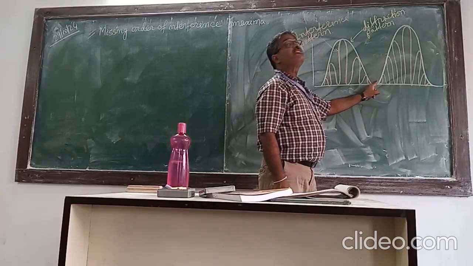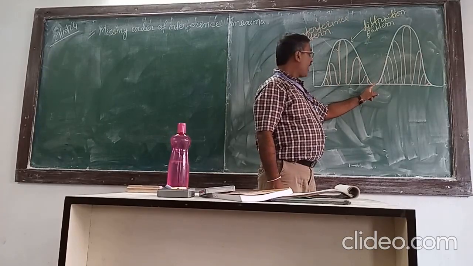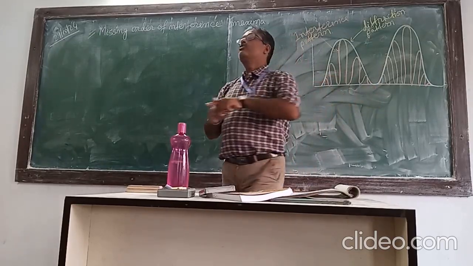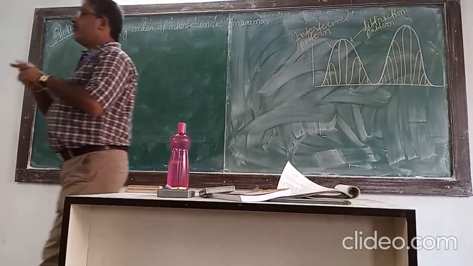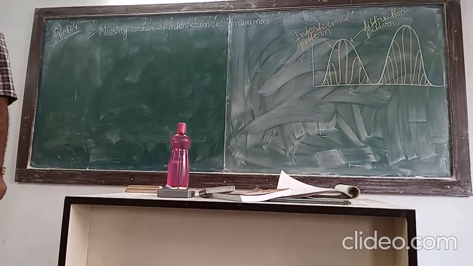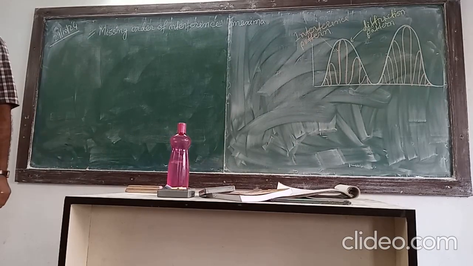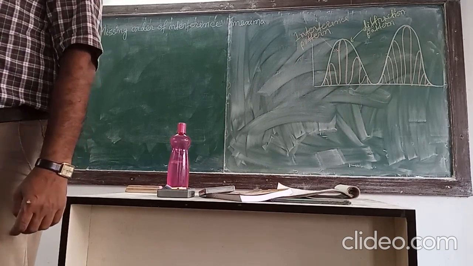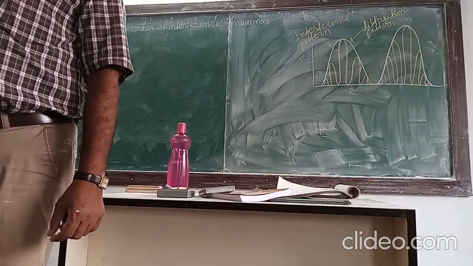Why? Because this is the missing order. The dark fringe of the diffraction is superimposed on the bright fringe of the interference, so we cannot see that interference maxima at that point. That is called the missing order of the interference maxima.